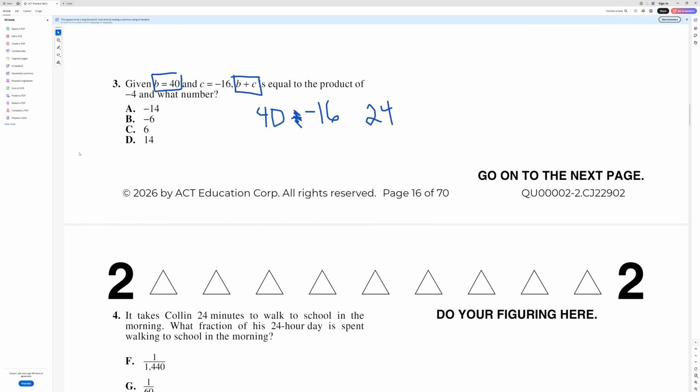But that's not the answer. It's not even a choice there. So now we need to divide by negative 4, because 24 is the product of negative 4 and what number? When we divide, we're going to get a negative, and 4 goes into 24 6 times. So my answer is B, negative 6.